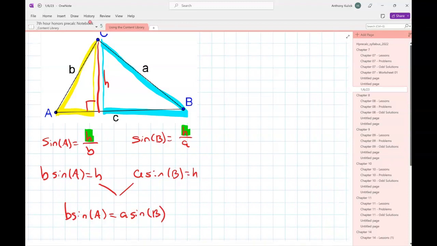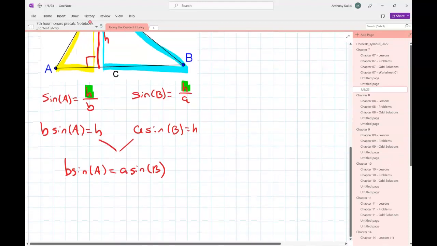What I have now is an equation that'll work inside a non-right triangle that involves nothing but the angle measures and side lengths of that non-right triangle. Everybody's cool?